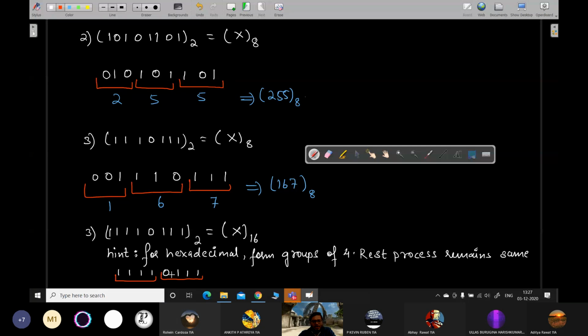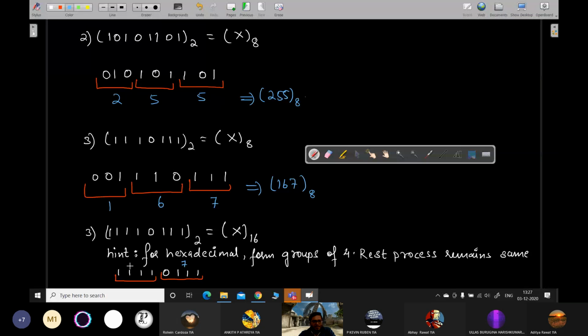If you convert this binary to decimal, what will it come to? 1 2 4 and 8. 8 into 0 will give you 0 only. So 1, 2 and 4 will be added to give you what? 7. Then all ones: 1 2 4 8. No zeros are there, so you will add 1 plus 2 plus 4 plus 8. Yes, Ruchika also says F7, correct.